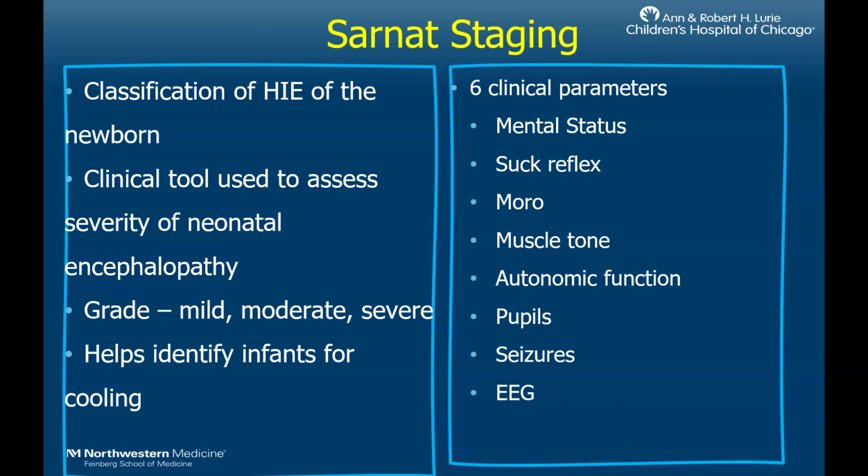The clinical parameters used for Sarnat staging include the mental status of the baby, the suck reflex, the Moro reflex, muscle tone, and pupils. Again, here we see the seizures and the EEG also highlighted.